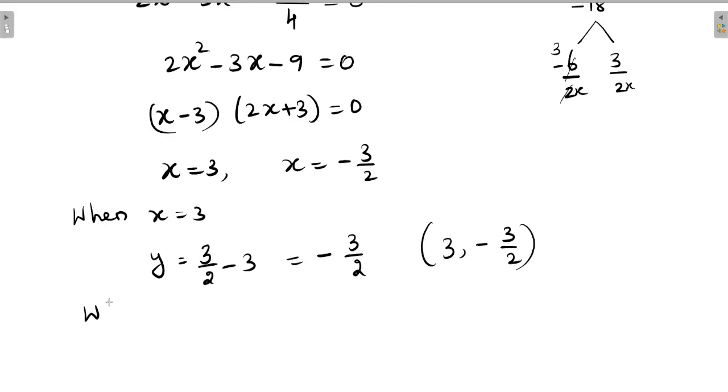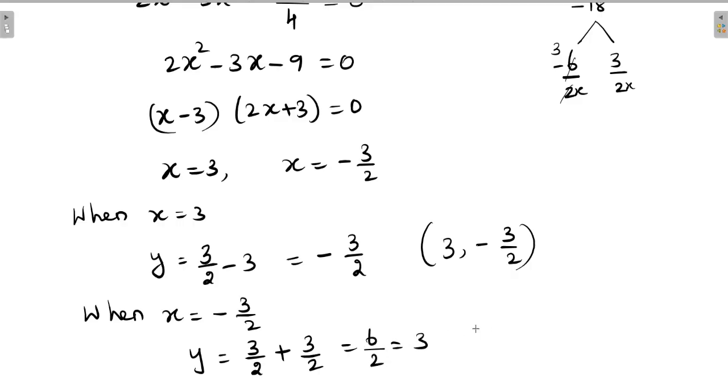And the other point, when x equal to minus 3 by 2, y equal to 3 by 2, minus of minus is plus 3 by 2. So 6 by 2 is equal to 3. So the second point is (minus 3 by 2, 3).